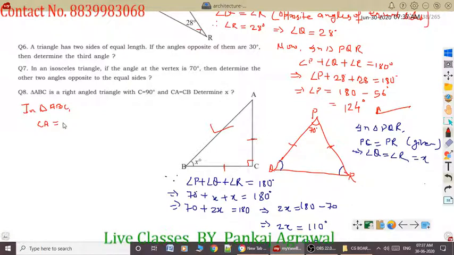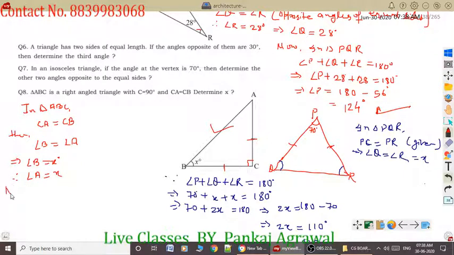CA equal to CB, and then their opposite angles will be equal. Angle B equal to angle A. Angle B is given X degrees. So therefore angle A also will be X.